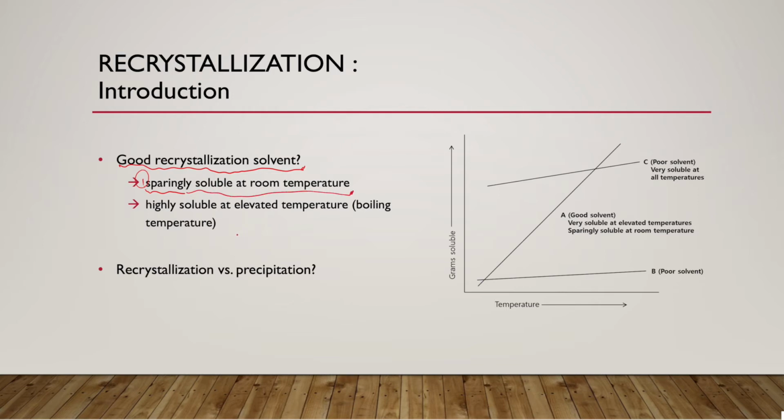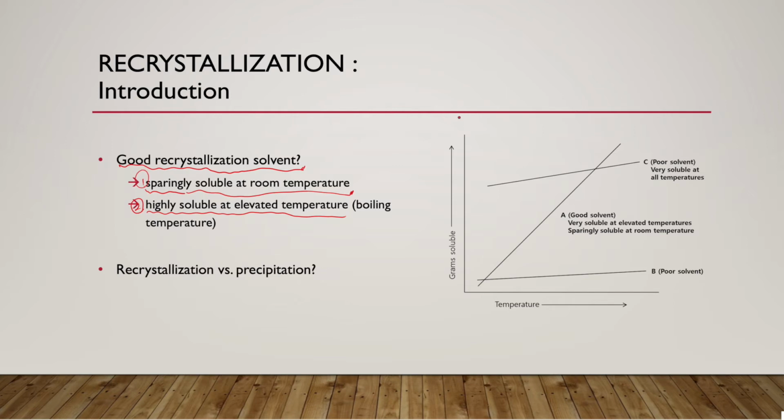Basically it should be almost insoluble at room temperature in this solvent. And at the same time, once we apply heating to that solution, the compound should be highly soluble at elevated temperature. Most likely, we always heat up the solution to the boiling point of the solvent.